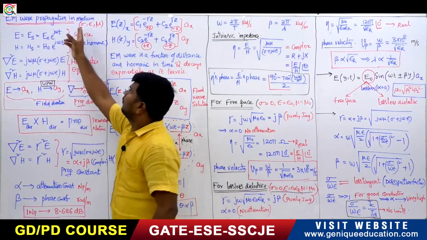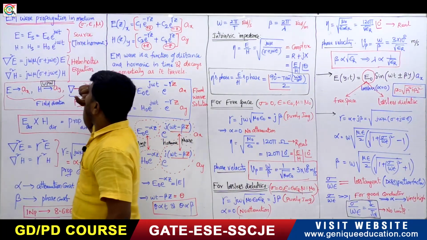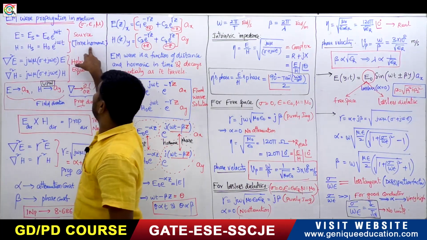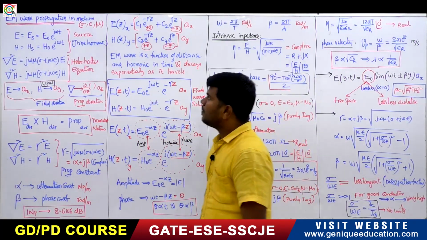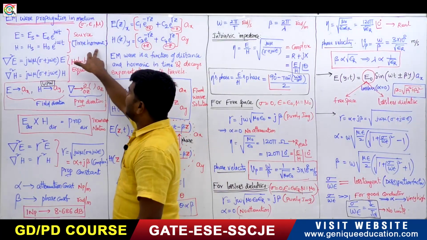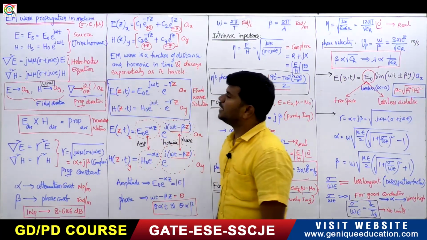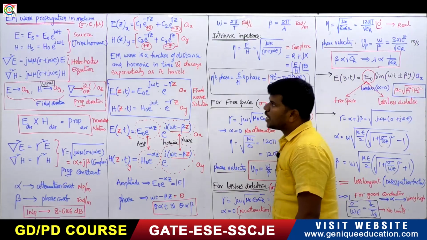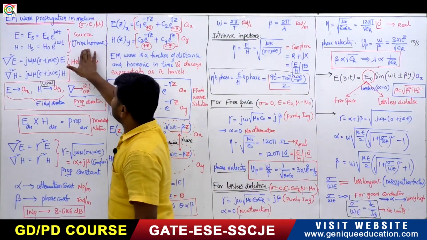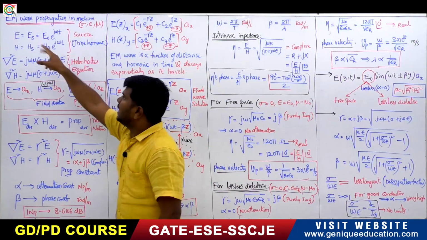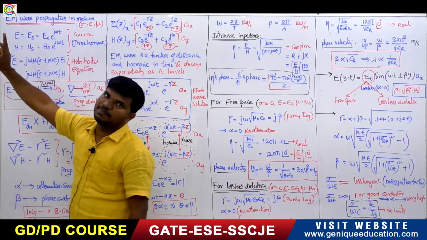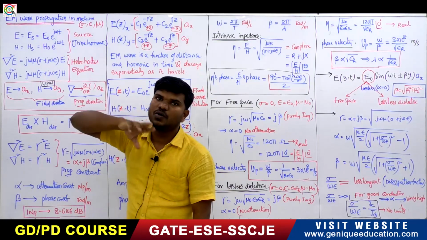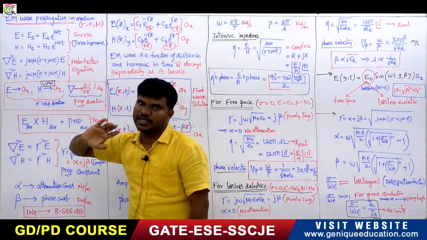Already we came to know there must be a time harmonic source present for generating an EM wave. Now by using Maxwell's equations, del cross E is equal to minus dou B by dou t, and del cross H is equal to J_C plus J_D, where J_C means sigma E and J_D means dou D by dou t.